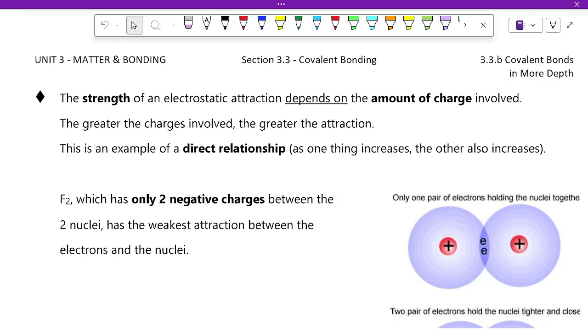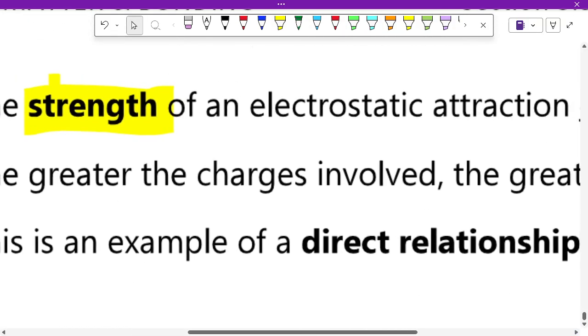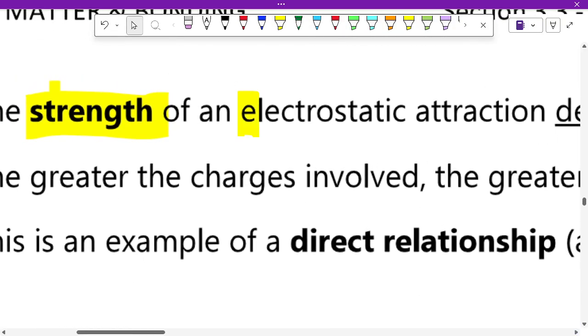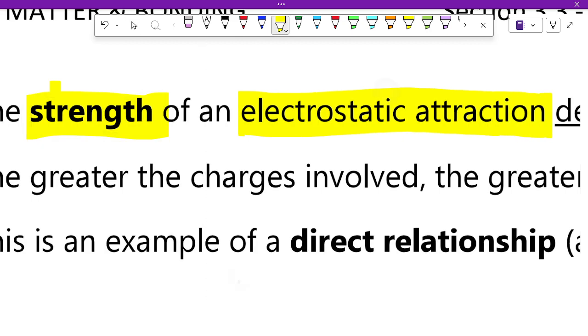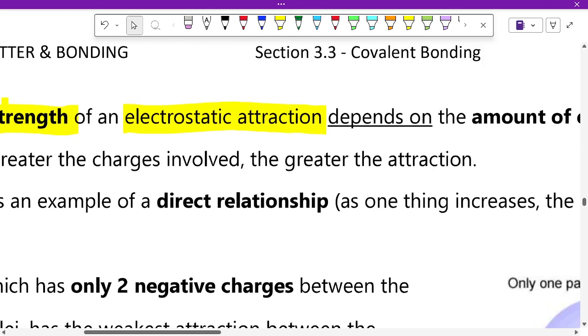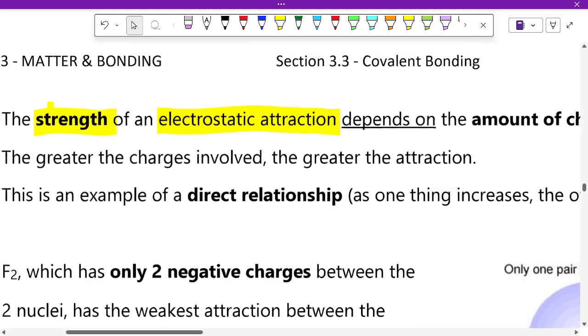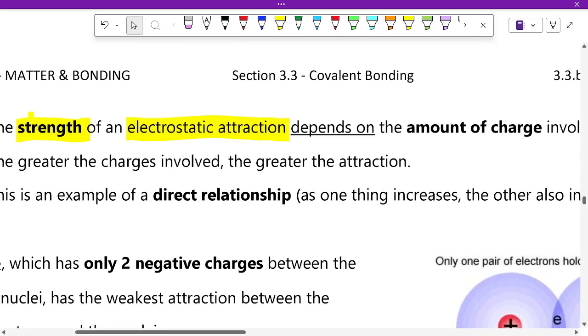So the strength of an electrostatic attraction depends on the amount of charge. As the amount of charge gets... Oh, actually, this is a good question.